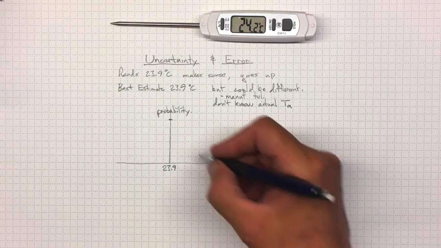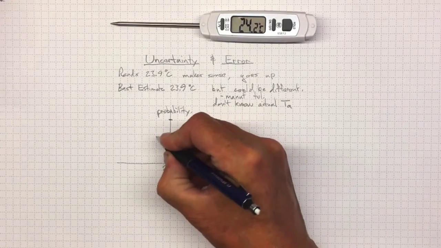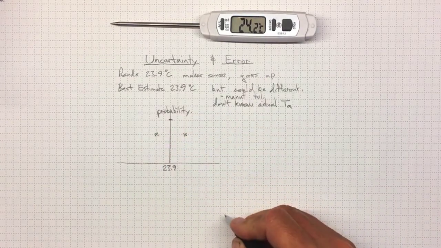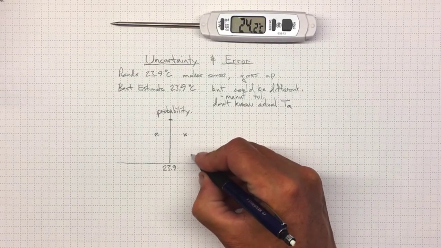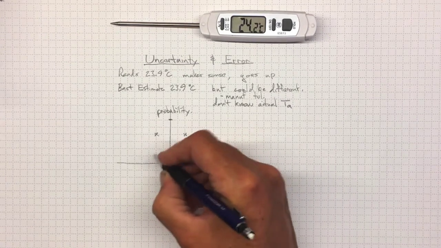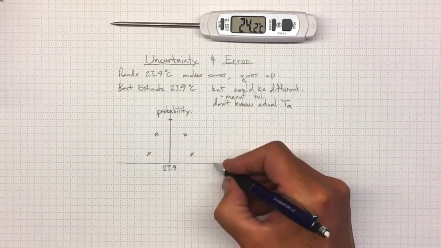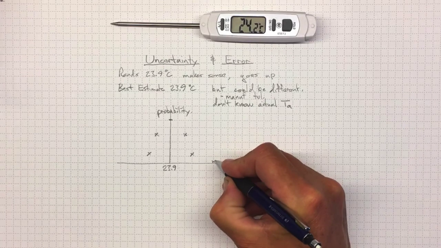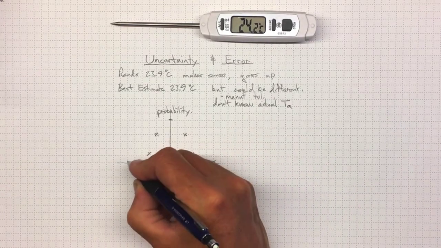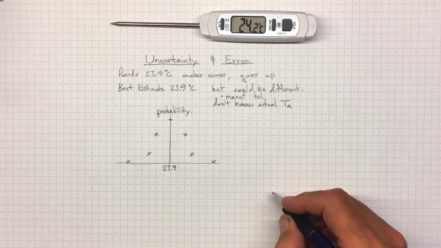Now, as we get a little further away, the probability level might be lower. And if we get still further away, the probability level might be even lower. And finally, as we get really far away, the probability level's down to either 0 or almost 0.